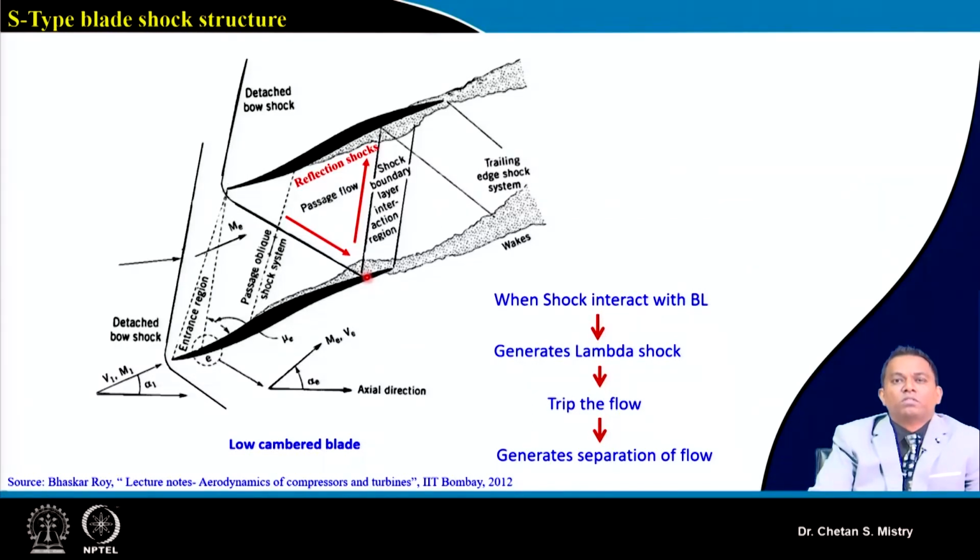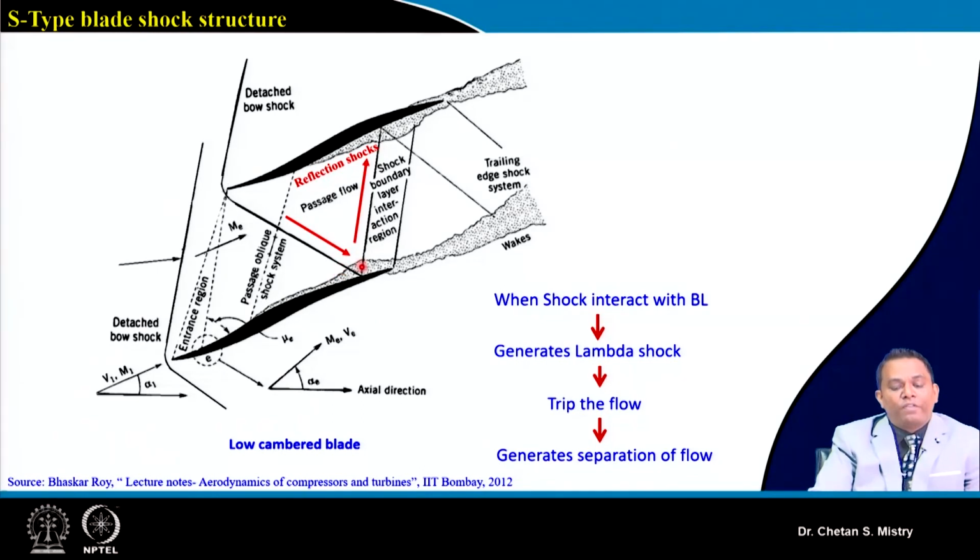This course is not about aerodynamics, and that is the reason why we will not be discussing it in detail, but open literature is available for supersonic compressor S type of aerofoil, on how people are realizing the formation of lambda shock and all those things. Just go through that literature.